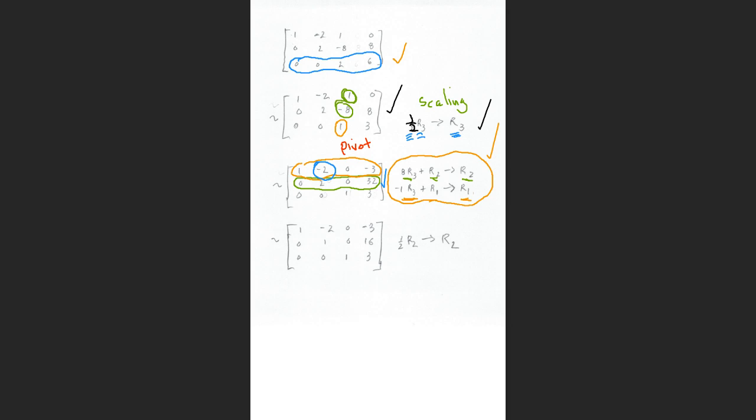So what are we going to do? What's the row operation to produce a 0 in this spot here? How would we write it?